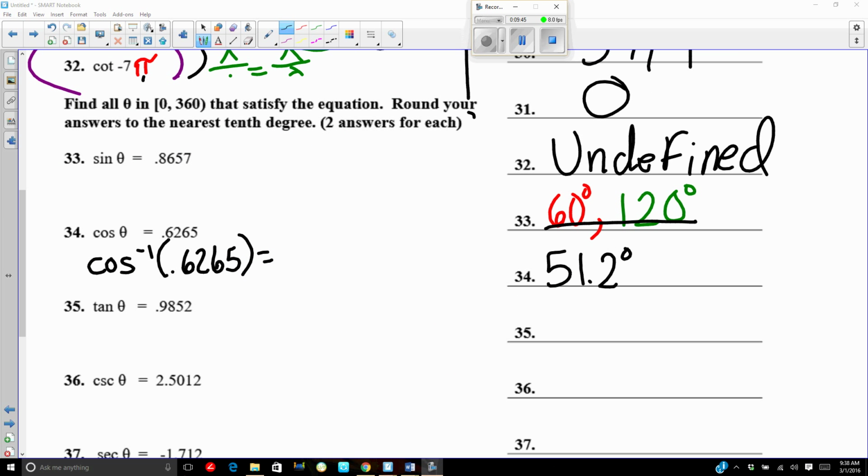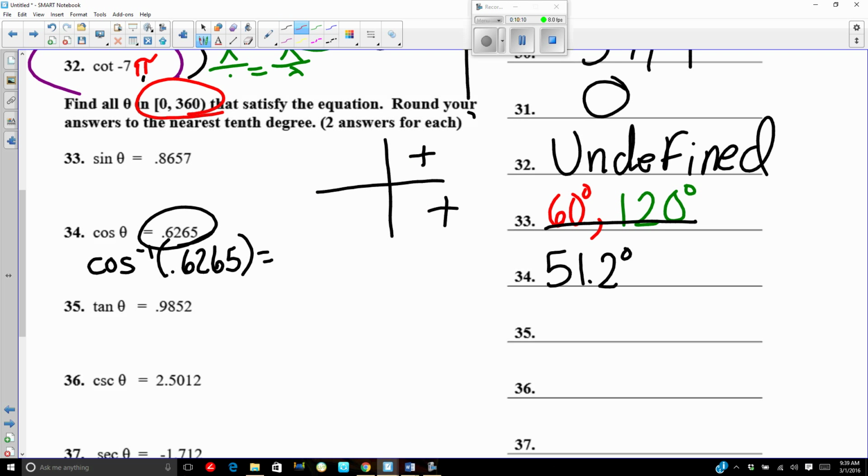So number 34, again, you can get one of your answers from the calculator. It has to be in between 0 and 360. Since we're finding the angle, you hit second cosine 0.6265, and you get 51.2 degrees. So that's one of our answers. And again, this is the cosine trig function. It's positive. Cosine is positive in this quadrant and this quadrant.